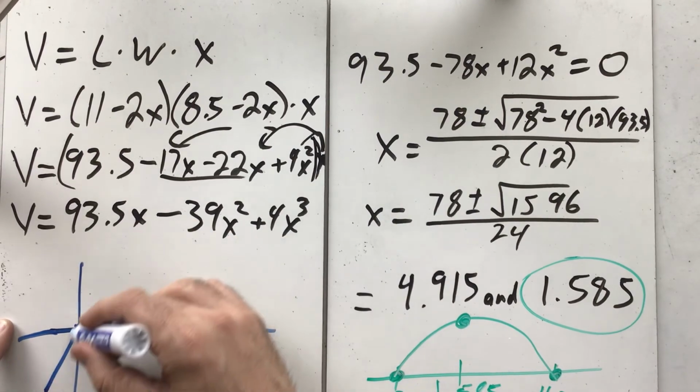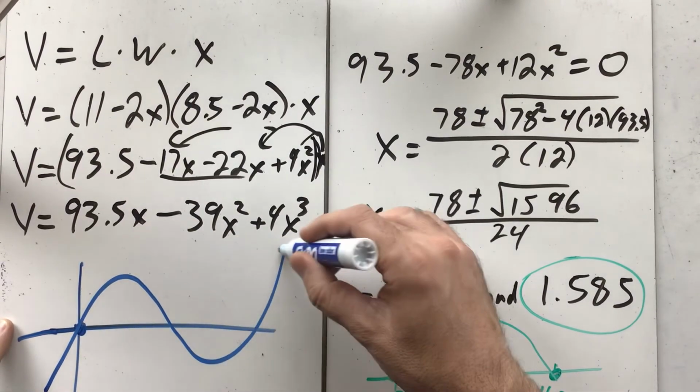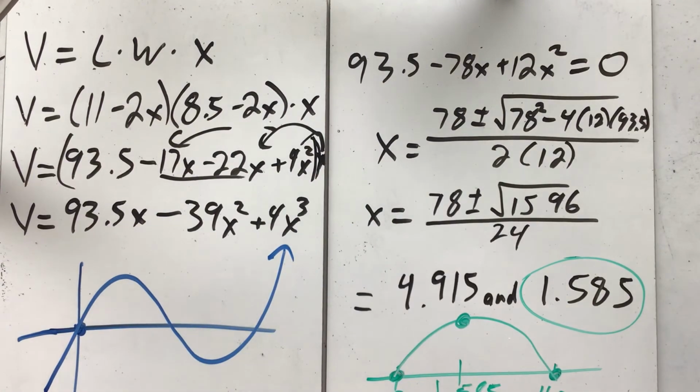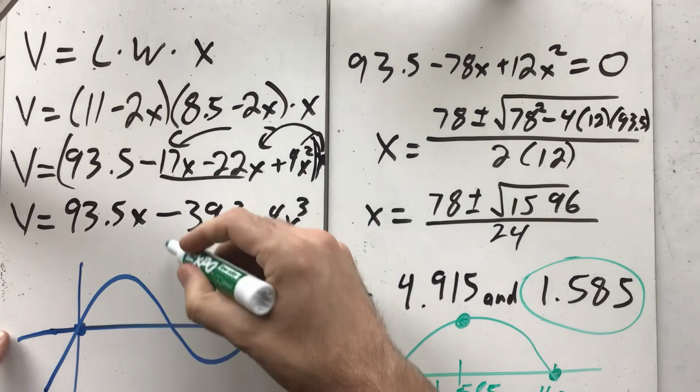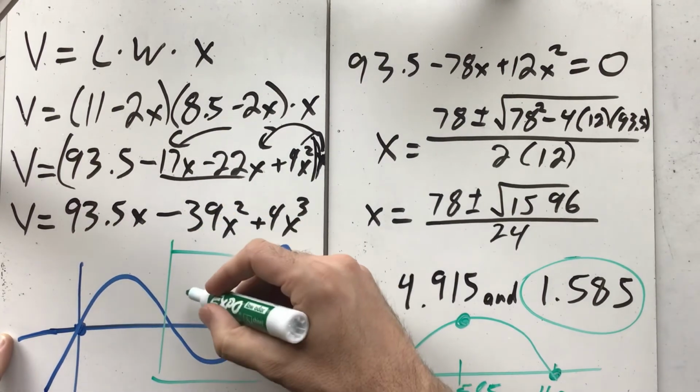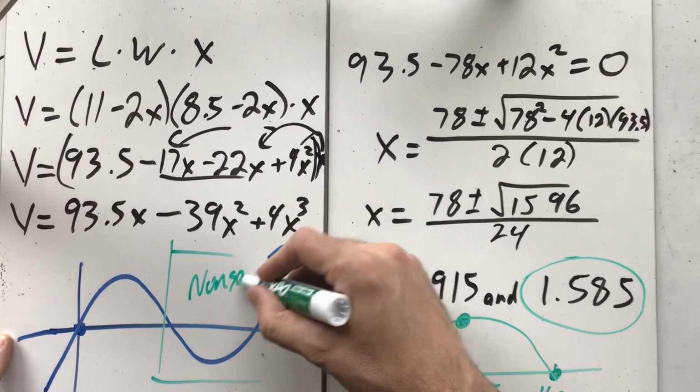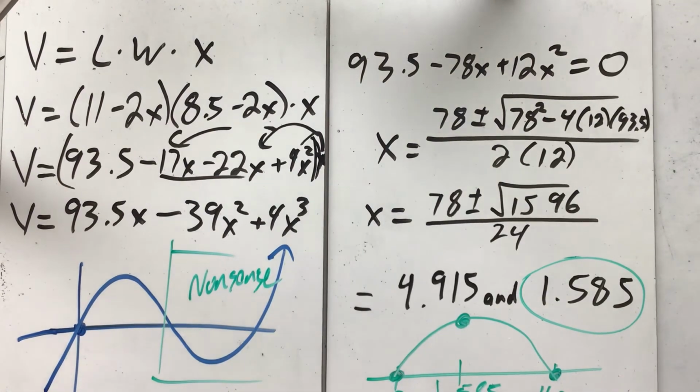And what you can see is that part of this graph is nonsense. Why? Because you're getting a negative volume, which is what happens when you cut out squares that are too big for your piece of paper.